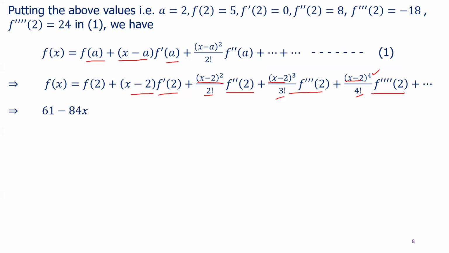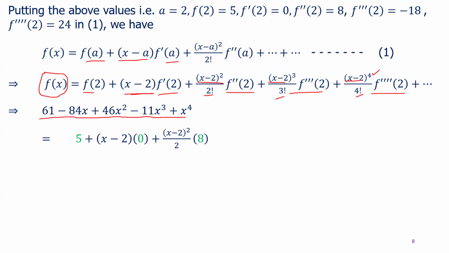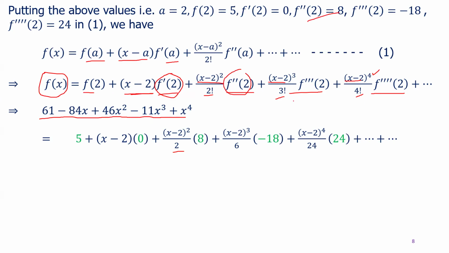Substituting all these values, f(x) is given as 61 minus 84x plus 46x squared minus 11x cubed plus x to the power 4. And f(2) is equal to 5, plus (x - 2) times f'(2) which is 0, plus (x - 2) squared upon 2 times f''(2) which is 8, plus (x - 2) cubed upon 6, since 3 factorial is 6, times f'''(2) which is minus 18, plus (x - 2) to the power 4 upon 24 times f''''(2) which is 24.